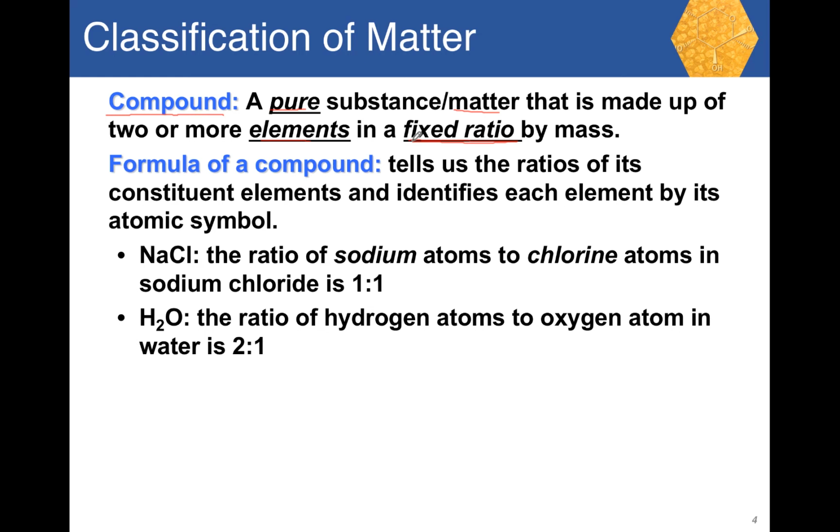So let's think that through. A compound is a pure substance or matter that's made up of two or more elements in a fixed ratio. Remember, the elements are the substances or the matter that are shown on the periodic table. So a compound consists of the elements of the periodic table in a fixed ratio.